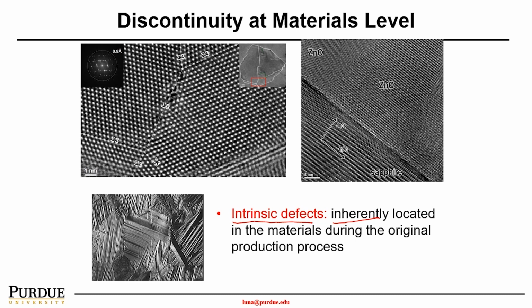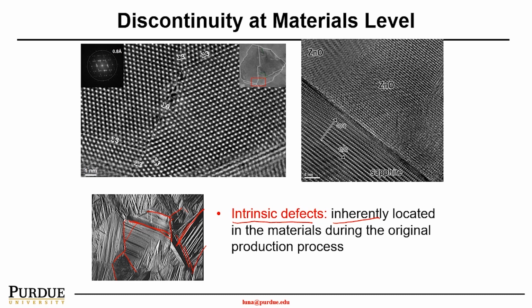For instance, here is a scanning electron microscope picture showing the material's orientation. As you can see, we have a material that is what we call polycrystalline. You have some orientation going in this direction, and then you have orientation going in this direction. Therefore, the mechanical properties will be very different on each plane. It's a similar case here.